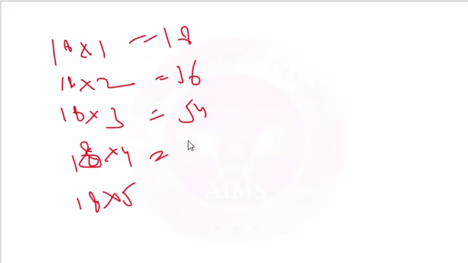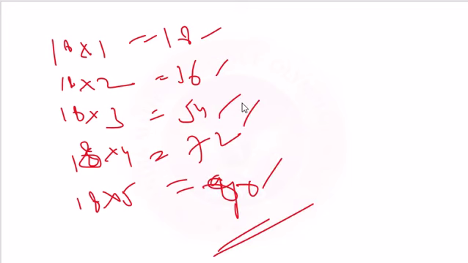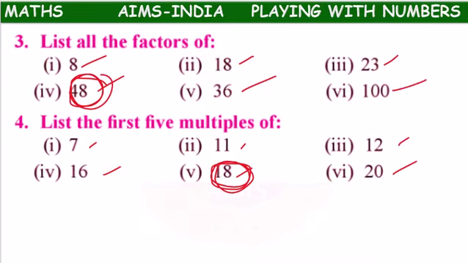So 18 times 1 is 18, 18 times 2 is 36, 18 times 3 is 54, 18 times 4 is 72, 18 times 5 is 90. These 5 are the first 5 multiples of 18. Like that, for the remaining numbers also you can write the multiples. Do it as homework, children.